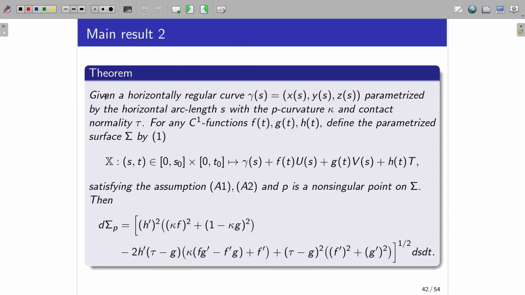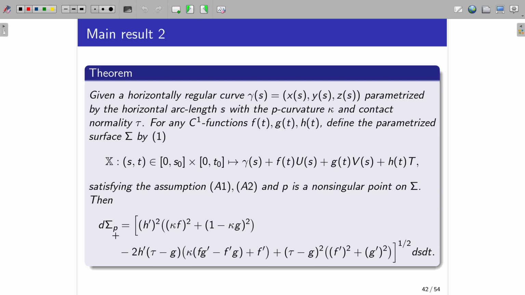Okay. So the next one is the main results. Given a horizontal regular curve, it's a Pansu-type theorem for the surface.